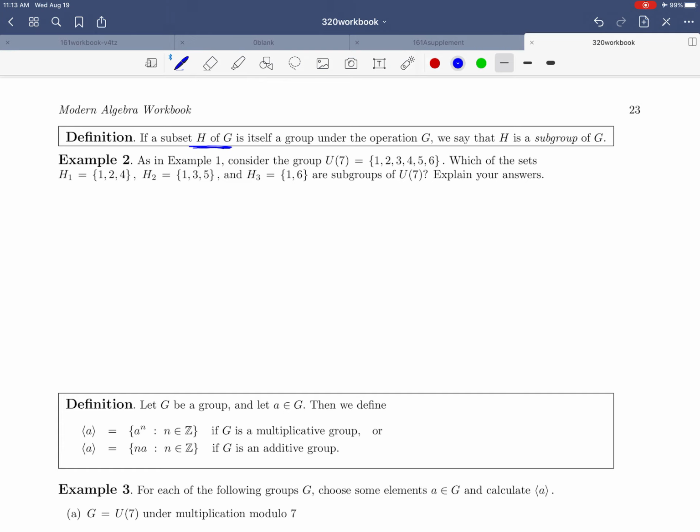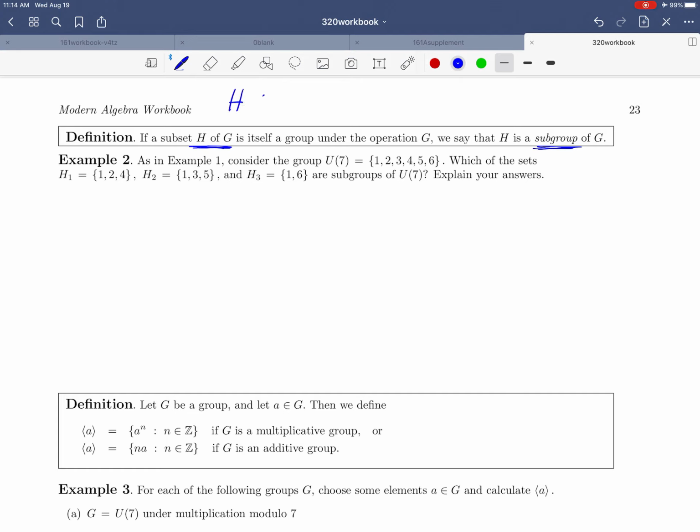A subset H of a group G that is itself a group under the operation of G, the same operation that we also had in G. If that's the case, if we have a subset and it is itself a group under the operation of G, then we say that H is a subgroup of G. So a subgroup is a subset that in its own right is a group using the same operation as in the bigger group G. And there are two pieces of notation that I want to introduce.